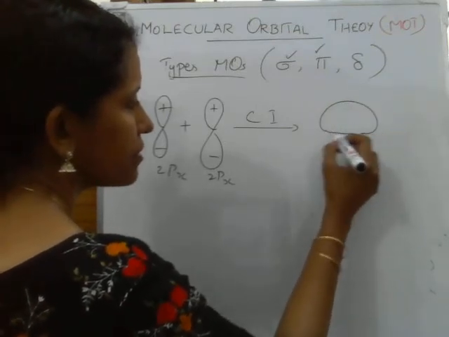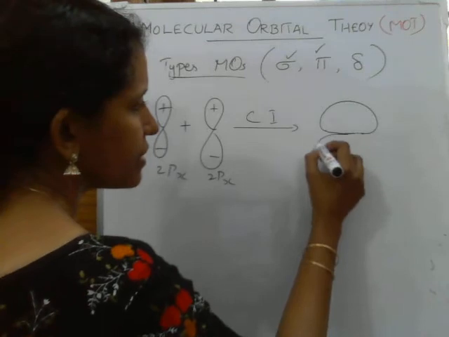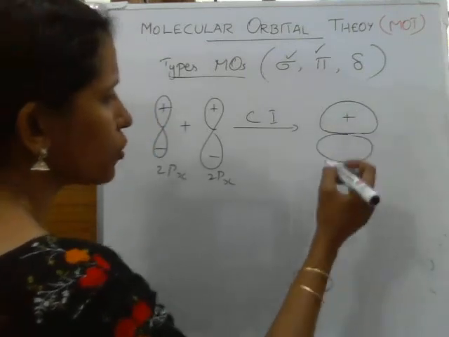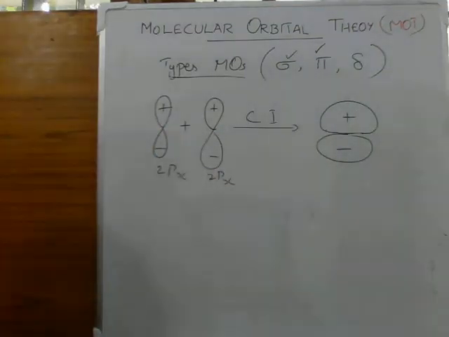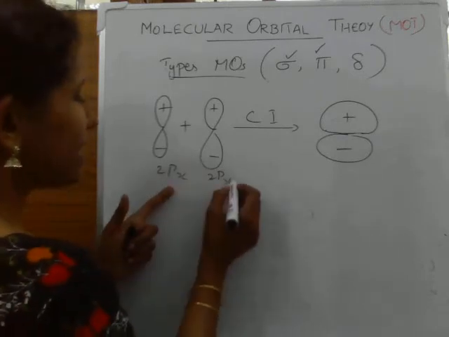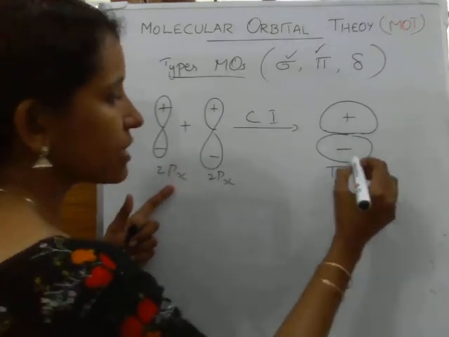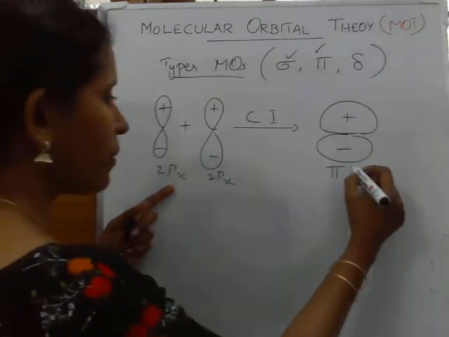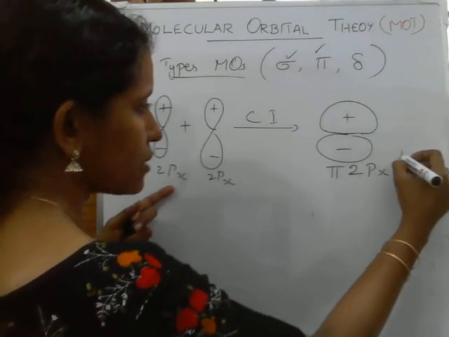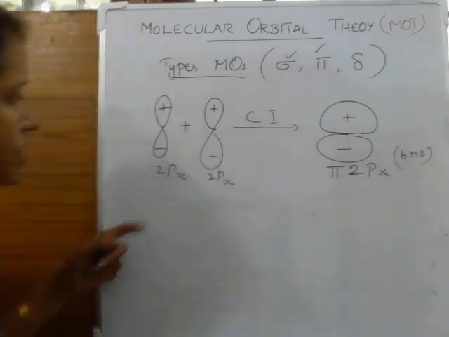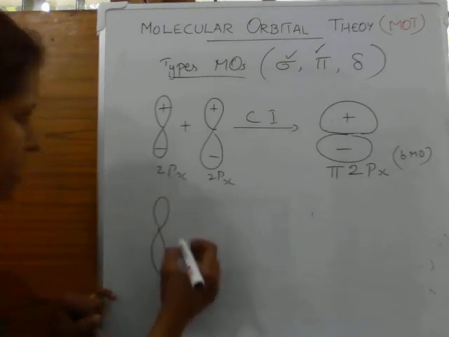Here the electron arrangement: upper lobe positive, lower lobe negative. This results in pi MO, that is pi 2px. This is a bonding MO, lower energy orbital.